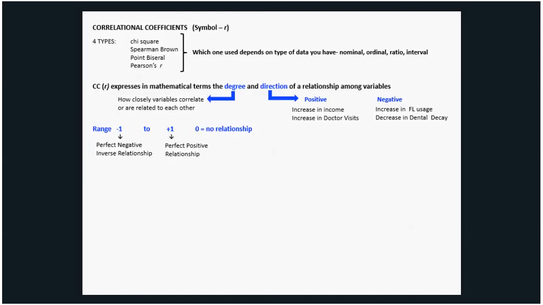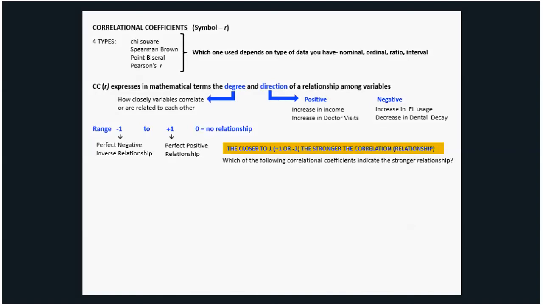The closer you get to 1, whether it's -1 or +1, that just means the stronger the relationship you have. It doesn't matter if you're thinking a positive going closer to +1 is going to be stronger than going closer to -1. That just tells you the direction that you're going. The closer you get to that 1, whether it's negative or positive, that means you've got a closer relationship between the variables that you're looking at.